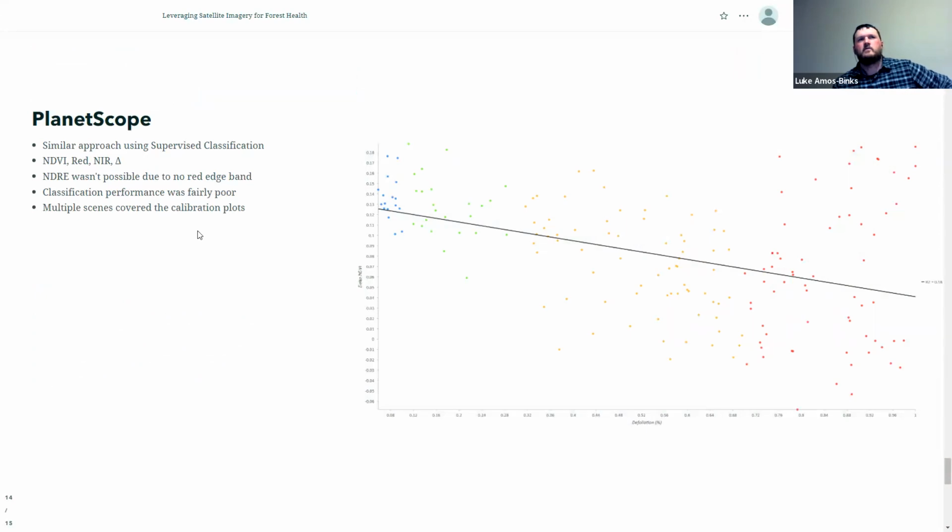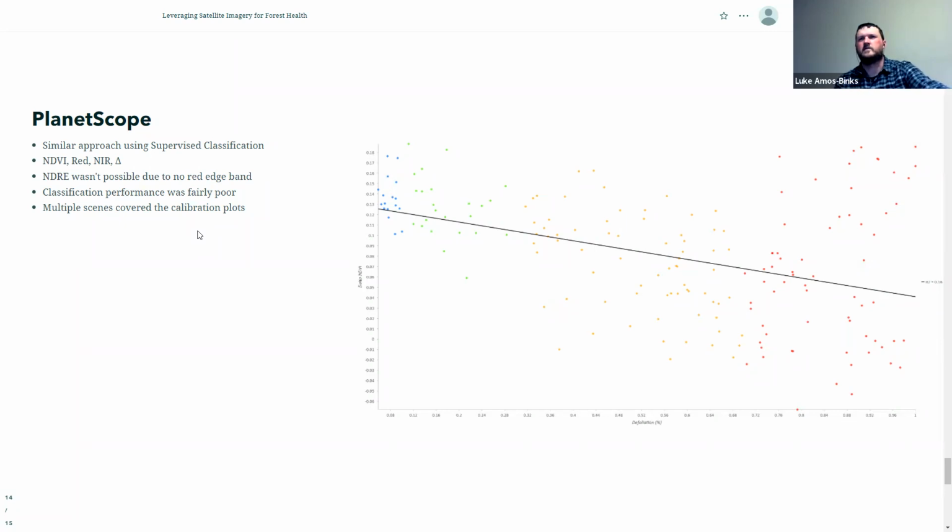We also tried a similar approach with the supervised classification. We didn't have as many indexes available because we just had the four bands. We weren't able to produce a classification with NRED, which was one of the ones that we found worked best in Sentinel, because we didn't have a red edge band for that product.